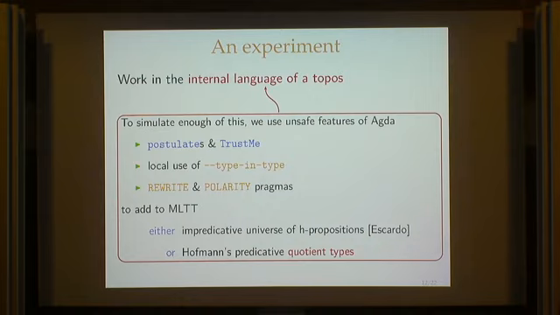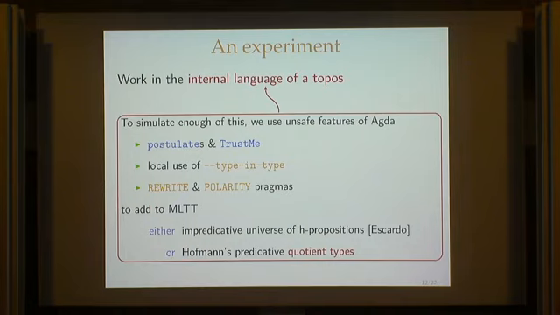We make postulates, in other words, we assert axioms, and we use something called trustMe, which is a way of postulating equality in a slightly computationally better way. And Agda provides you with the ability to declare an equality, for example, to be a rewrite, so that some proofs become computations that would otherwise not be computations.